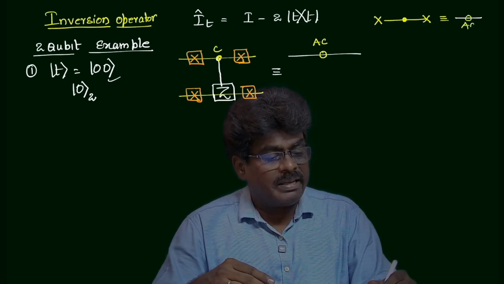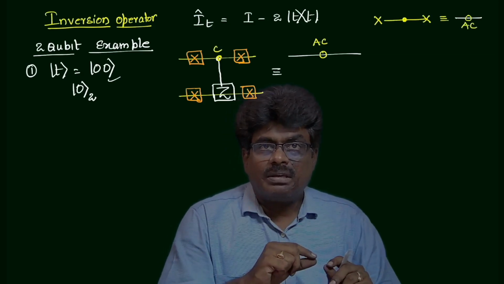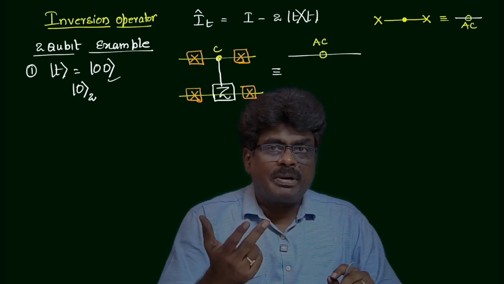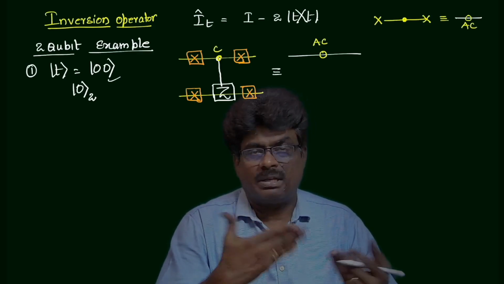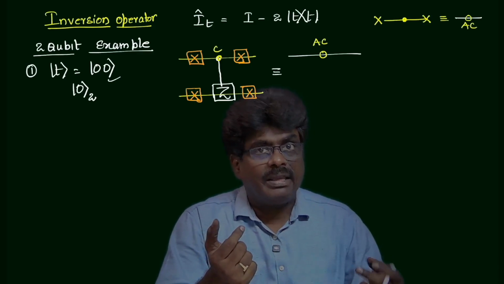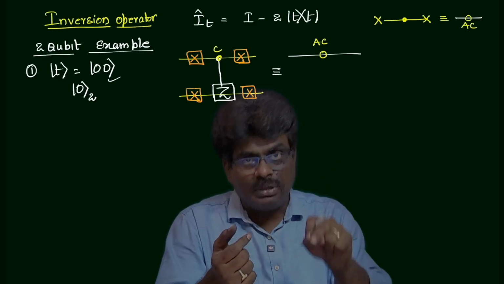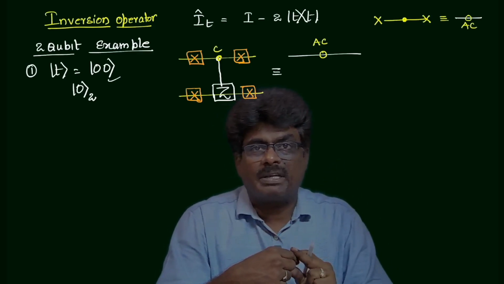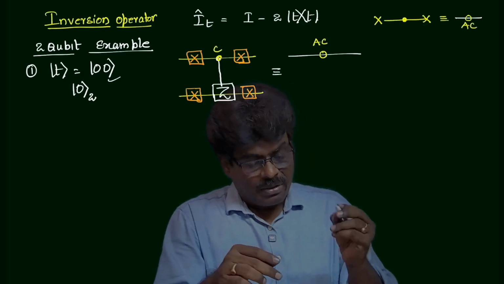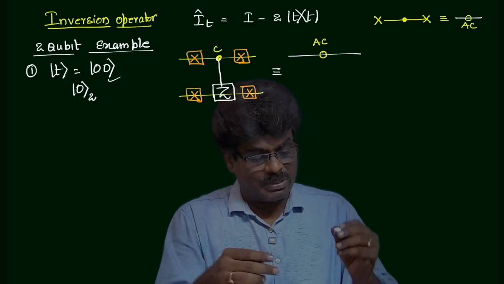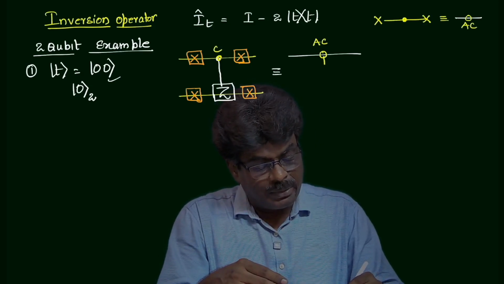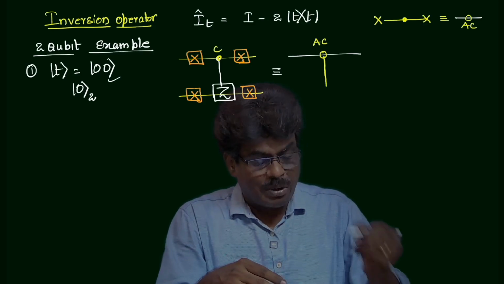So what is this anti-control? Actually, generally a control operation is: if that control bit is 1, then only that unitary operation occurs. Here anti-control, if it is a 0, then only that operation occurs, something like that. I have already explained these operations in the quantum circuits. I request you please watch that. So this is anti-control, and here one small thing I want to discuss.